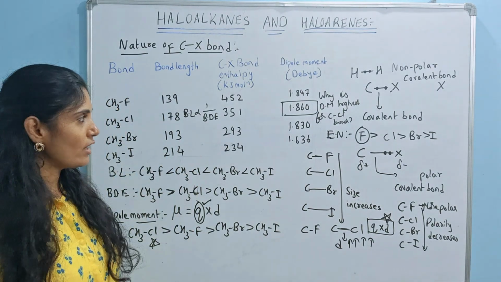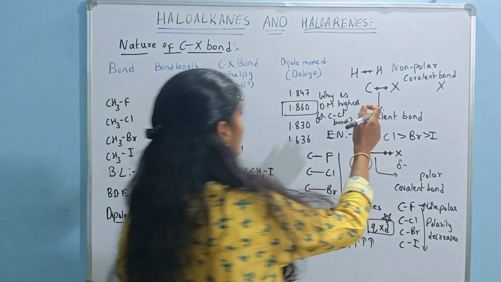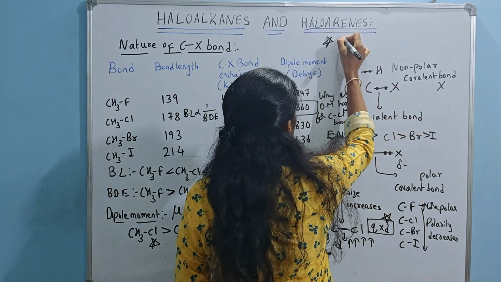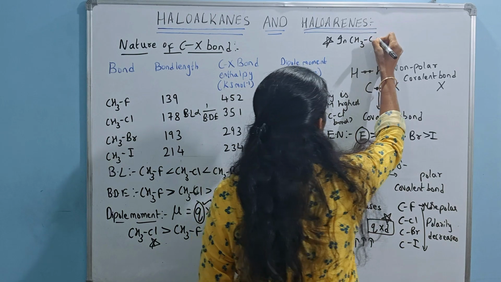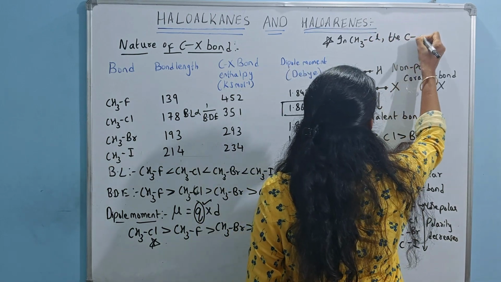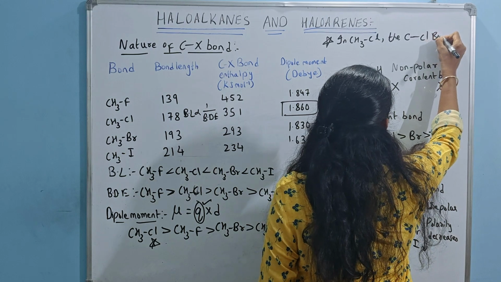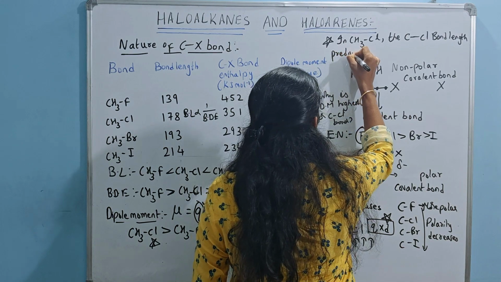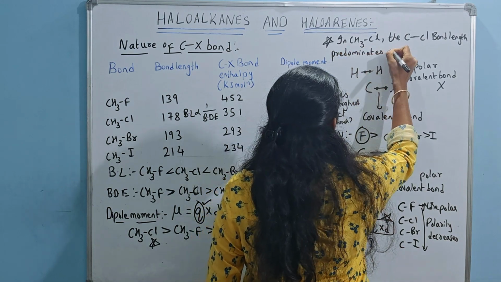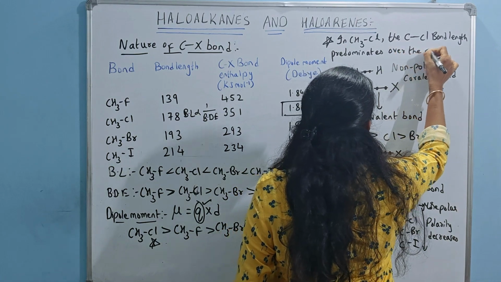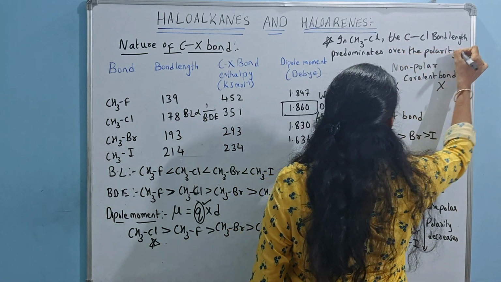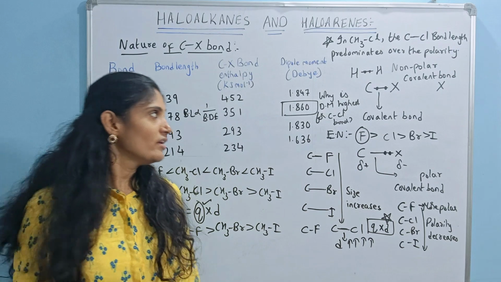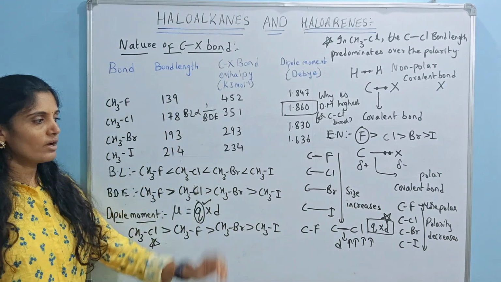You can write this in bold terms here: in CH3Cl, the carbon chlorine bond length or bond distance predominates over the polarity. That is the reason you see the highest dipole moment for carbon chlorine bond.